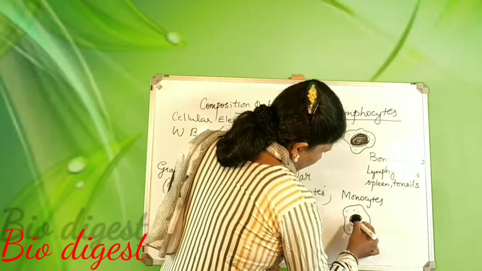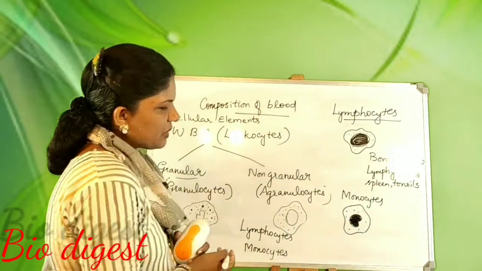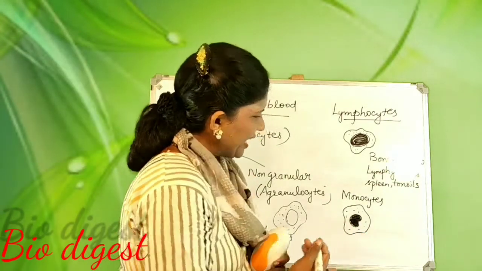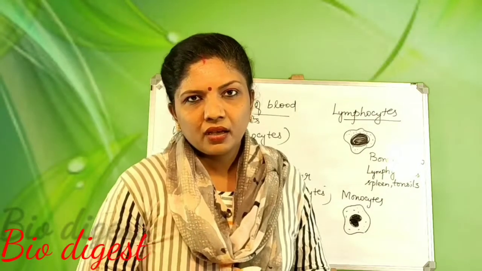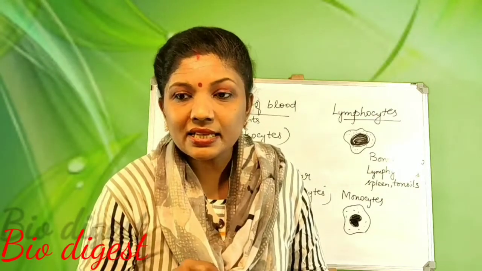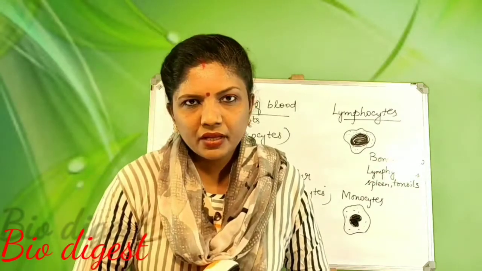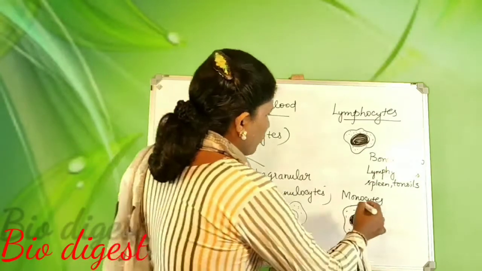So if a kidney-shaped nucleus is shown, that means it is a monocyte. Kidney-shaped nucleus, that is the peculiarity of monocyte. Now monocyte, at the site of an infection or an injury, the monocyte can convert itself into a macrophage.